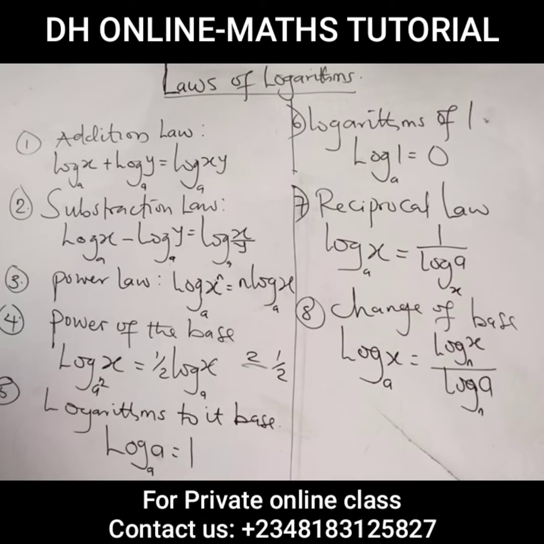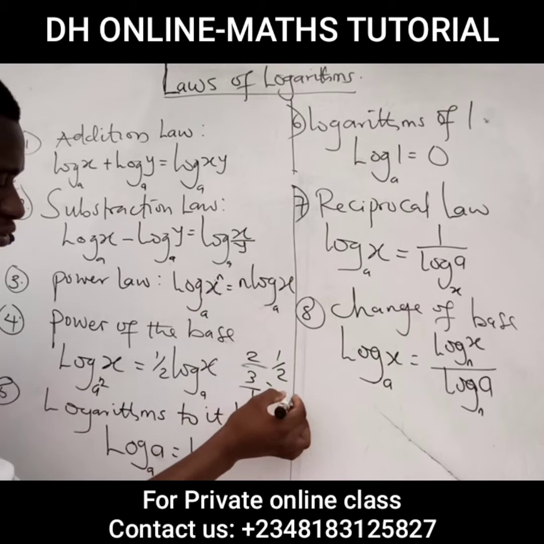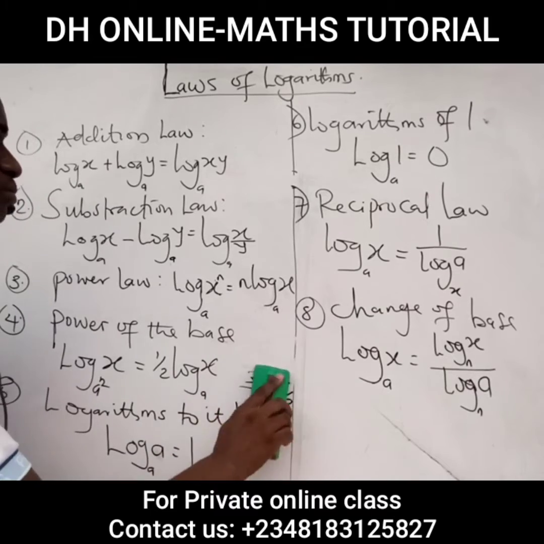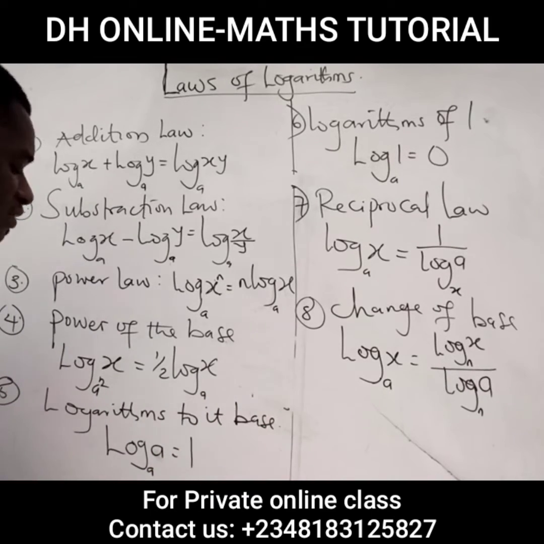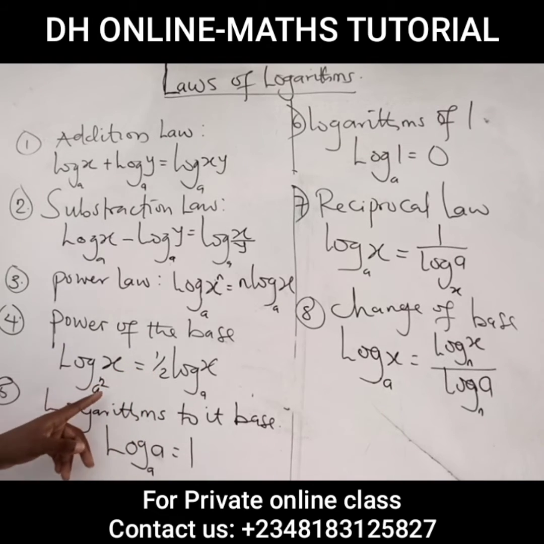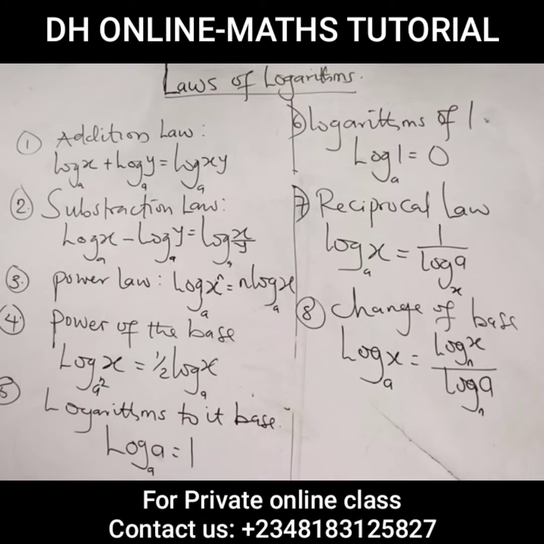If I say reciprocate 3, since 3 is literally 3/1, definitely if I reciprocate it, it becomes 1/3. So that is what happens here. By the time it becomes 1/whatever is given, it comes to the front of the log. It's no more at the base. That is why we talk about it being like a reciprocal.